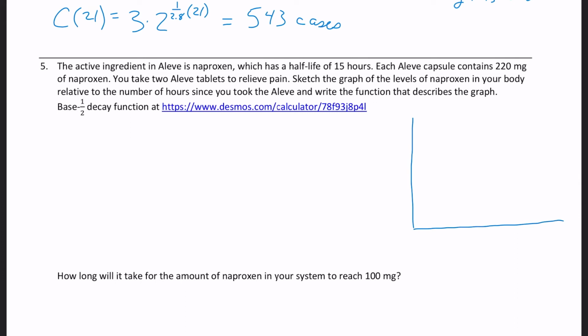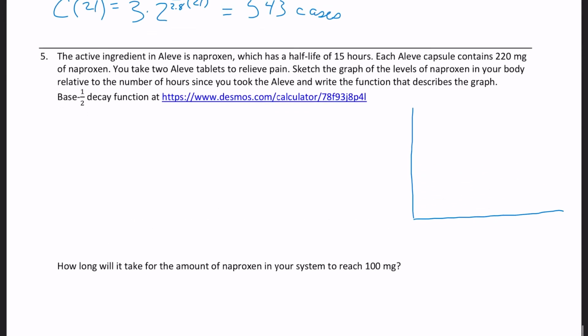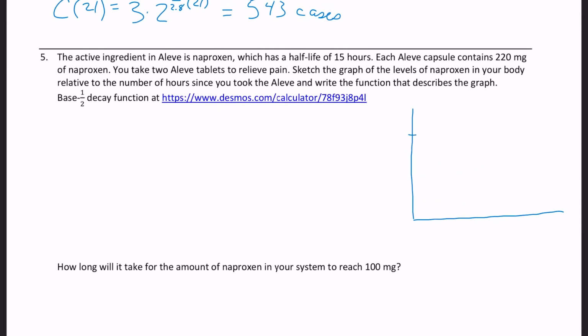So you've taken your 2 tablets, you have 440 milligrams in your body. Our x-axis is time measured in hours, and our y-axis is naproxen measured in milligrams.